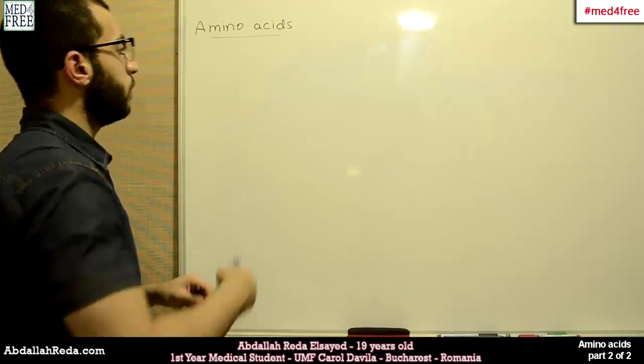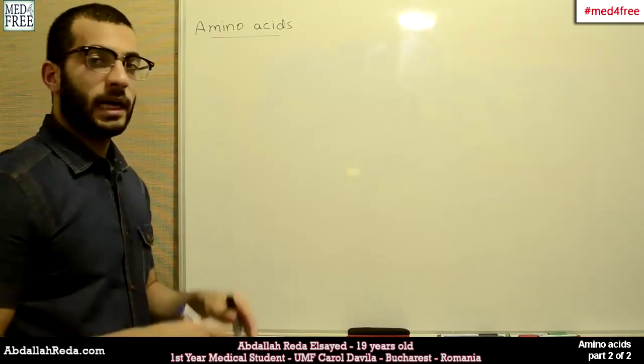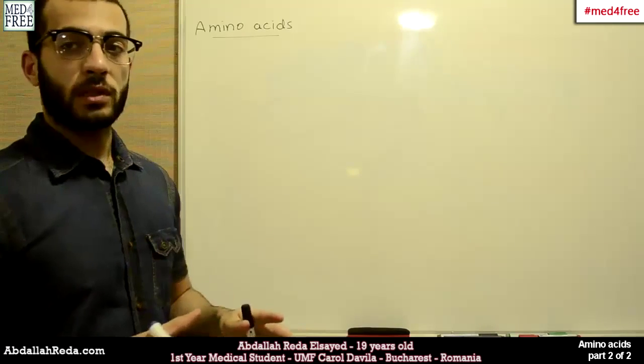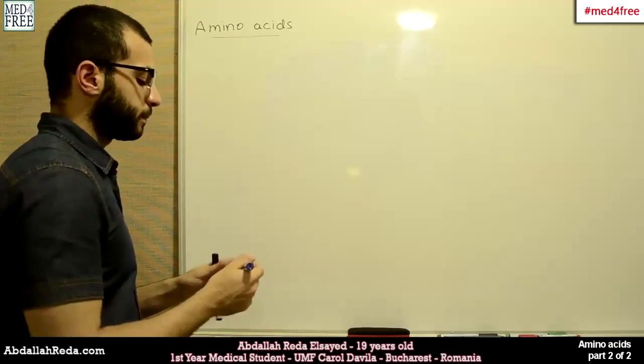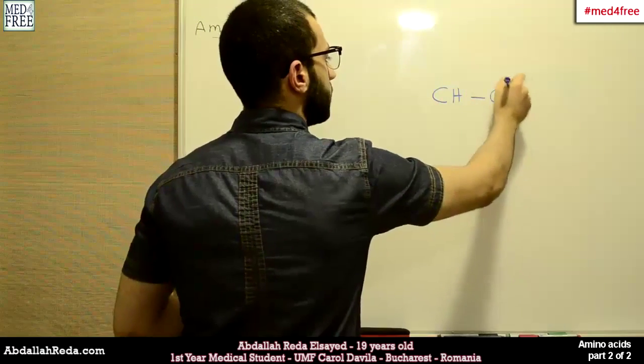Now we have a new kind of amino acids. These ones are called dicarboxylic amino acids, which means that they have two carboxylic groups instead of just one. So the basic structure is this.